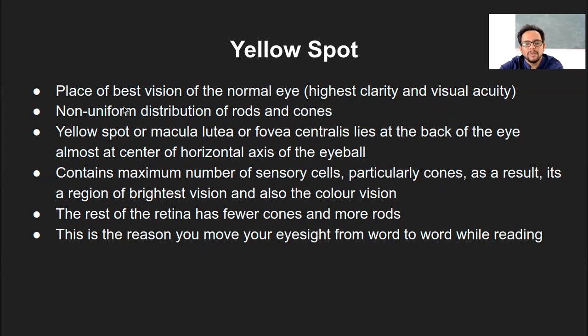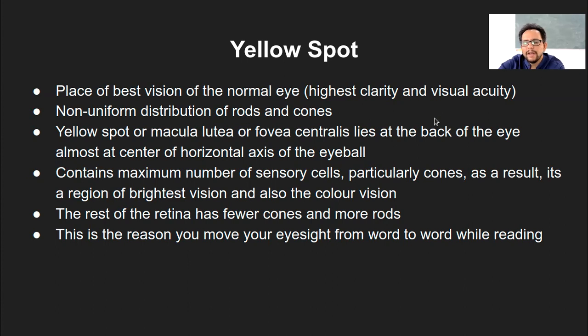That is what non-uniform distribution is. The yellow spot is also called macula lutea, or it is also called fovea centralis. Fovea centralis, you may or may not remember, but you should remember macula lutea. That is another important name.